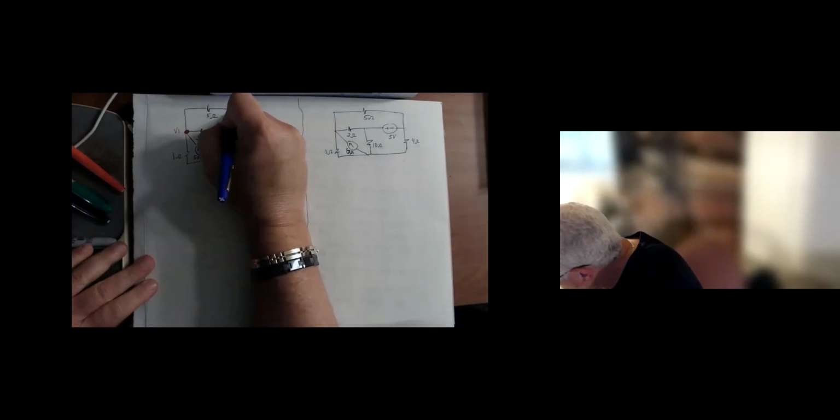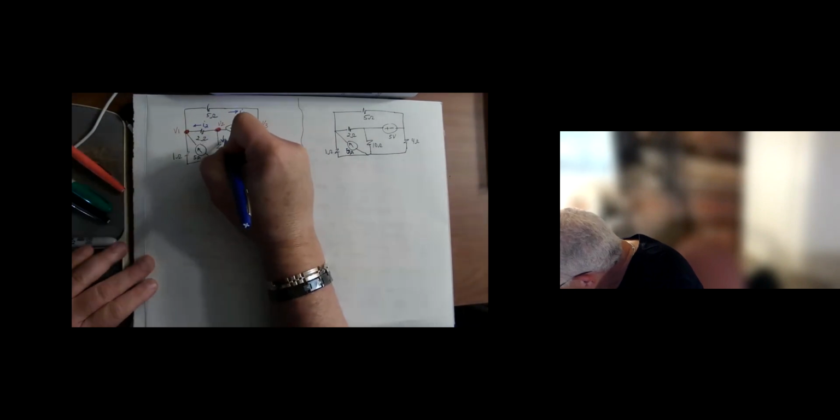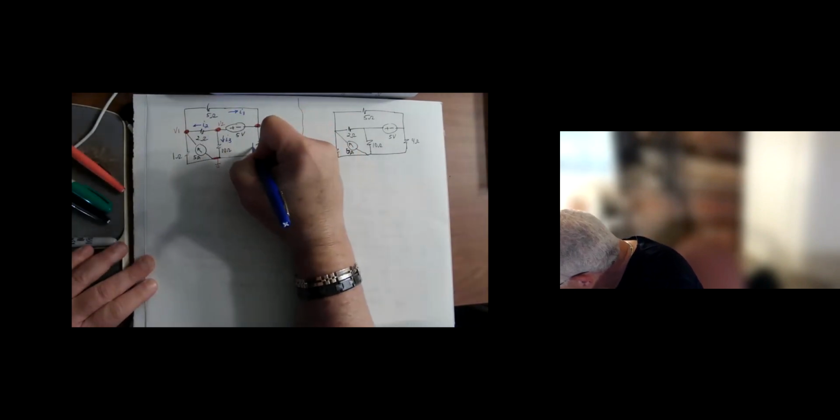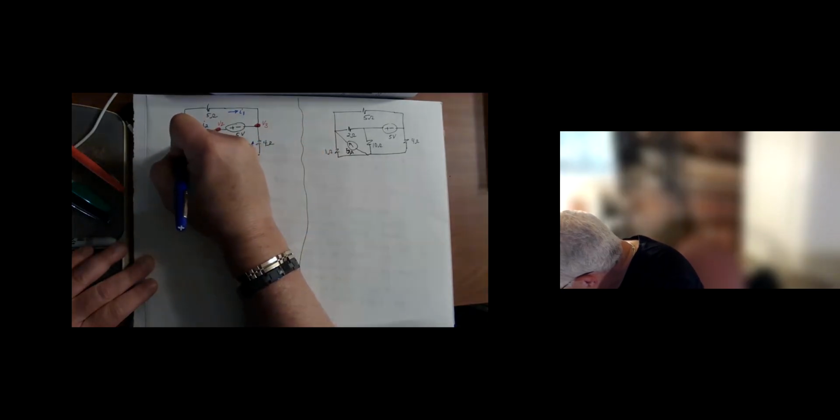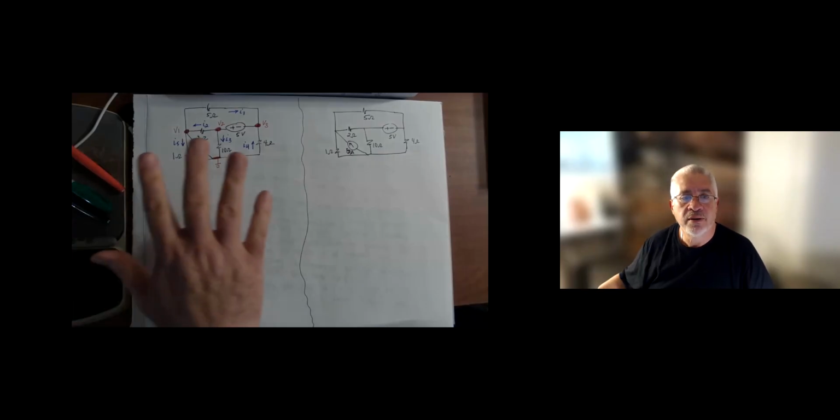So that means I have a 3 unknown problem, and then I'm going to put currents here: I1, I2, I3, I4, I5. So this is essentially preparing the circuit for solution.